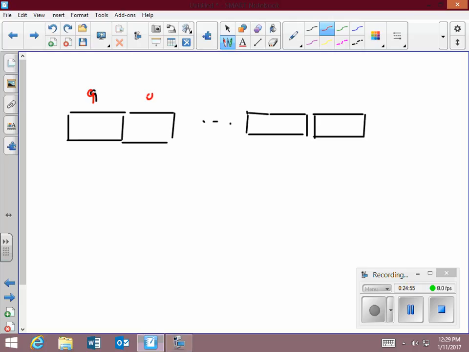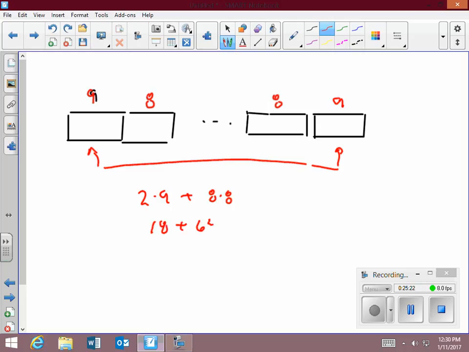And this table has 8, and all the ones in between all the way over here have 8, and this table has 9. So these 2 tables have 9, so you got 2 times 9, plus that leaves out of 10 tables, 8 of them have 8. So you have 18 plus 64, which is 82.